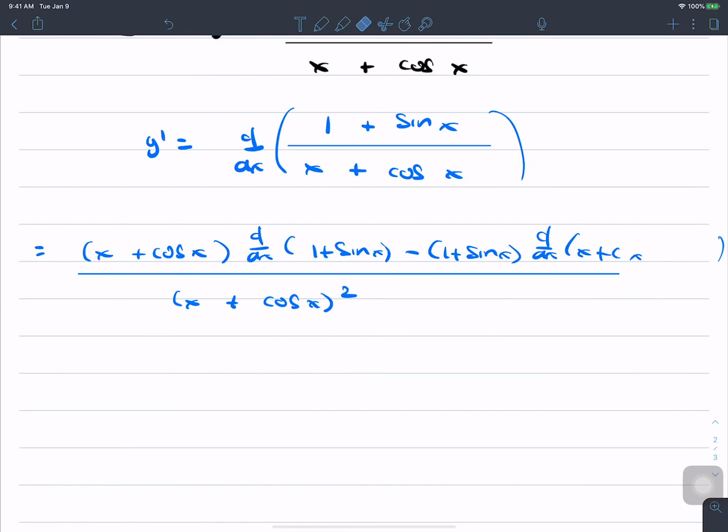So the derivative here of 1 plus sine x is really the derivative of sine, which will be cosine. And over here we have the derivative of x plus cosine x. So we're going to take the property where it's a derivative of a sum. So the derivative of x is 1, and the derivative of cosine is minus sine.